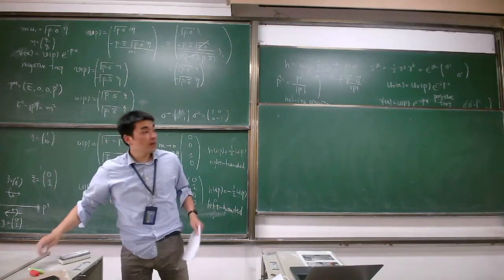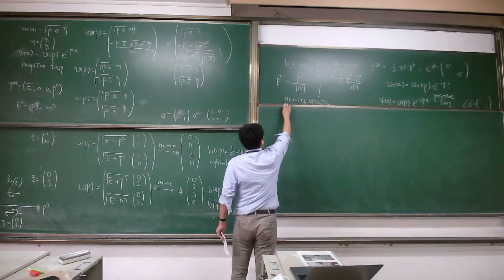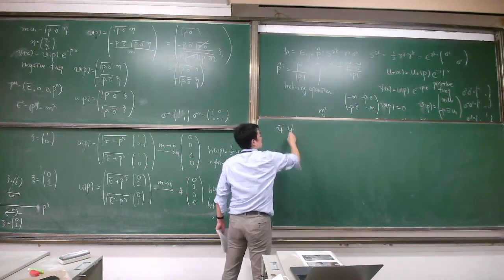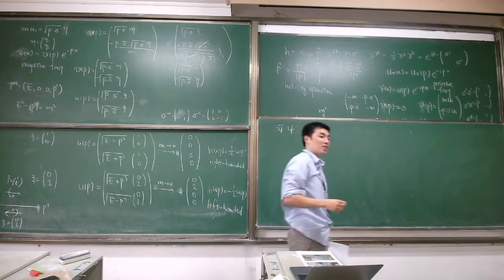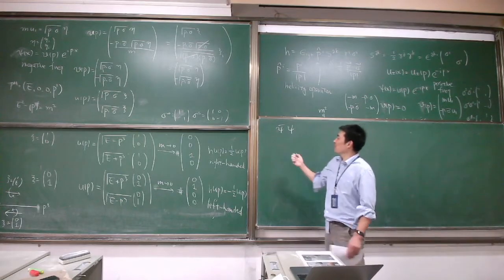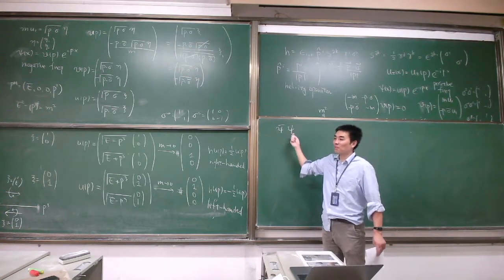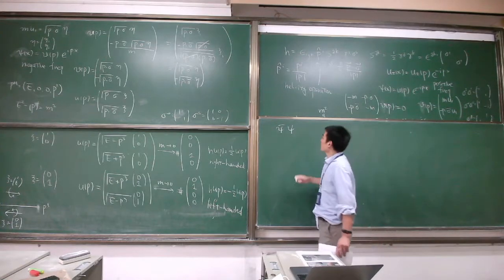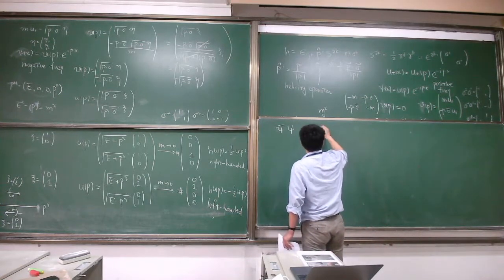So last time I told you that this one is a Lorentz invariant spin bilinear. It's called a spin bilinear. Bilinear means you have two, bi means two spinor components. On the other hand, this is not Lorentz invariant.